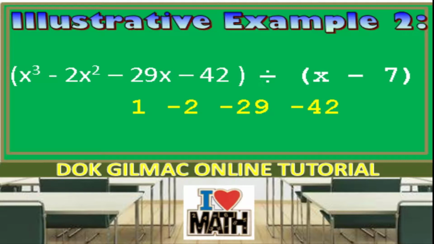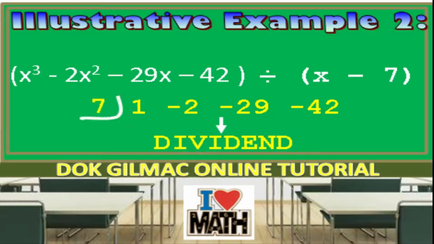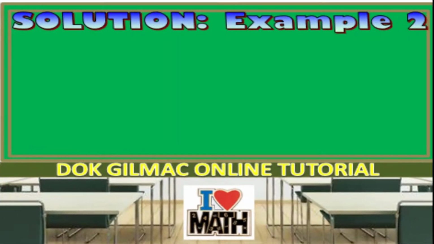Since the divisor is x minus 7, we divide this by 7. So take note, 1, negative 2, negative 29, and negative 42 is the dividend, and 7 is what we call the divisor. Now let's continue solving this.